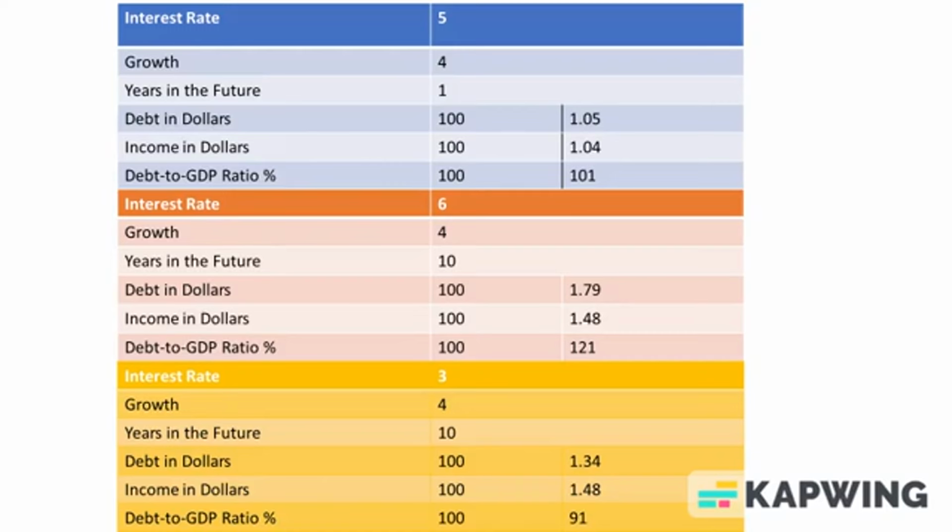If no payments are made on the debt, the total debt increases to $105 in 1 year. Simultaneously, the economy grows at a nominal rate of 4%, 2% real growth plus 2% inflation. This means national income increases from $100 to $104 in the same year. The new debt to GDP ratio is calculated by dividing $105 by 104, which results in approximately 101%.